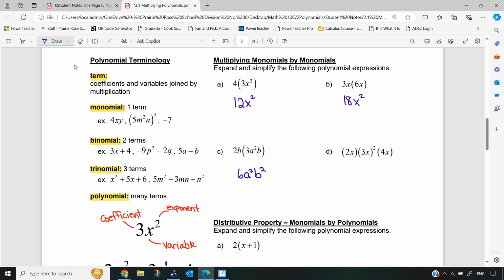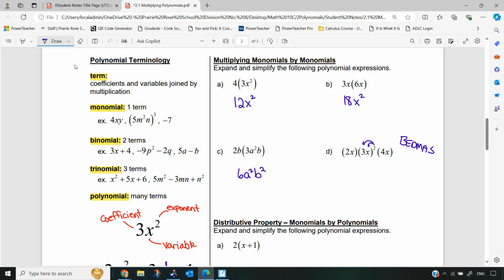Now for D, it's really important that we pay attention to our exponents. Remember that when we're expanding any polynomials, we have to pay attention to order of operations, starting with brackets, exponents, and so on. For this example, we have a squared. That means we need to bring that in or deal with that before we can move any further. One way is to write 2x times 3x times 3x times 4x, or again, we can just bring those exponents in.